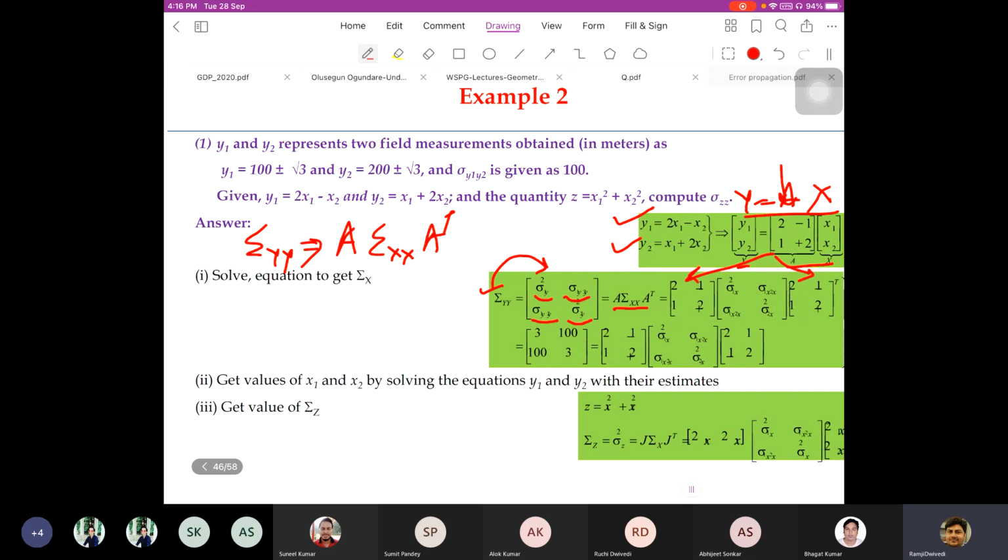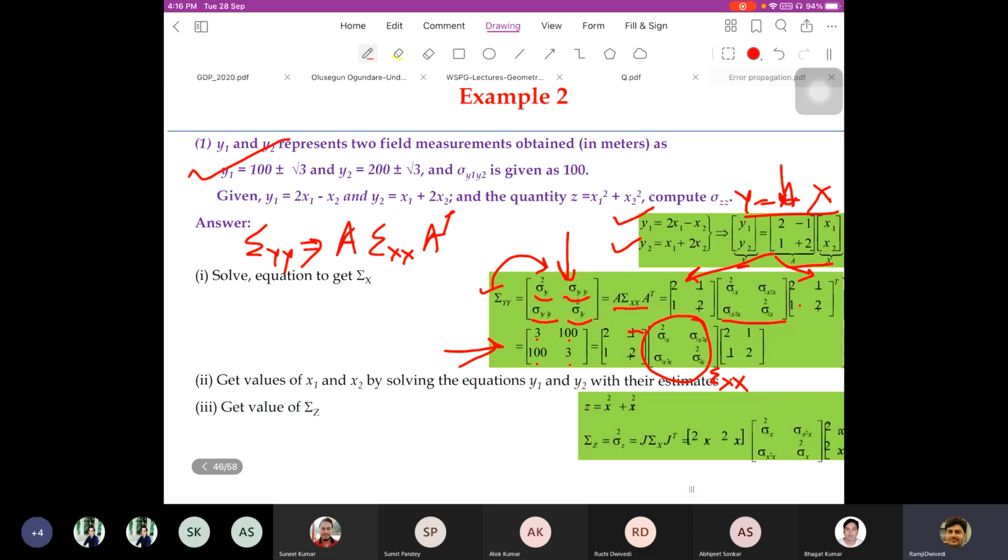A will be like this, then A transpose, then sigma x1 square, sigma x1 x2, sigma x2 x1 and sigma x2 square. You know sigma yy, you know A and A transpose, but you do not know sigma xx. Okay, that is one thing, you do not know sigma xx.